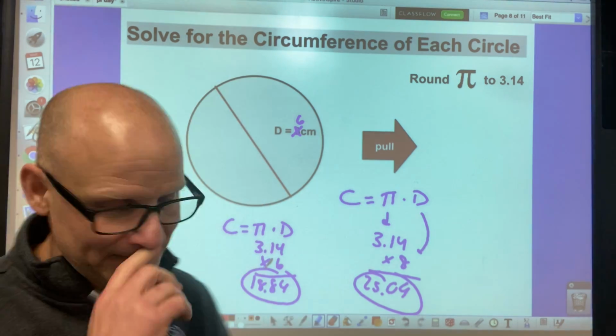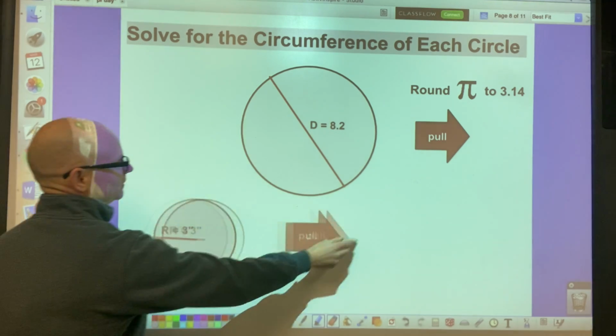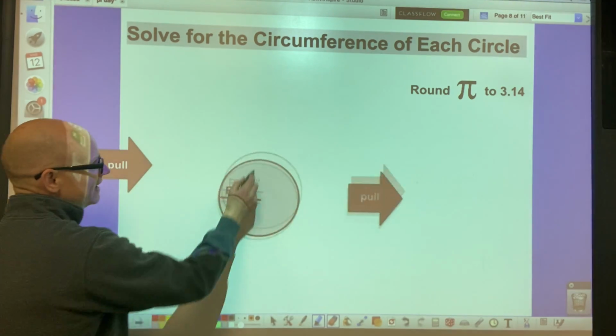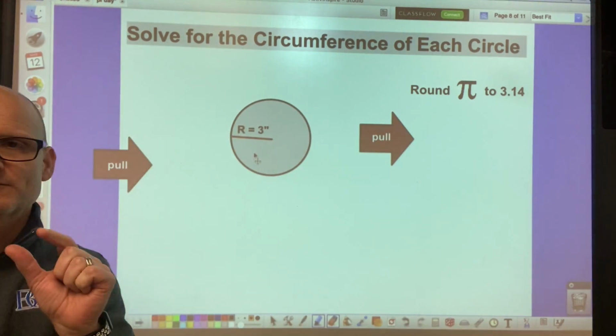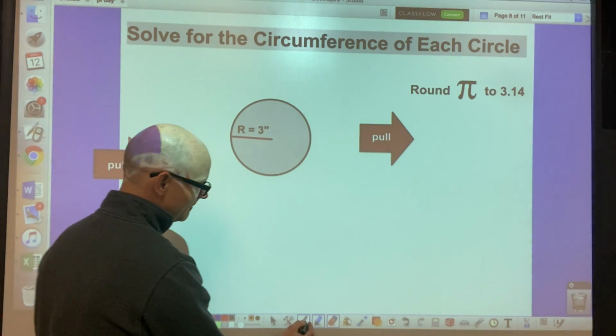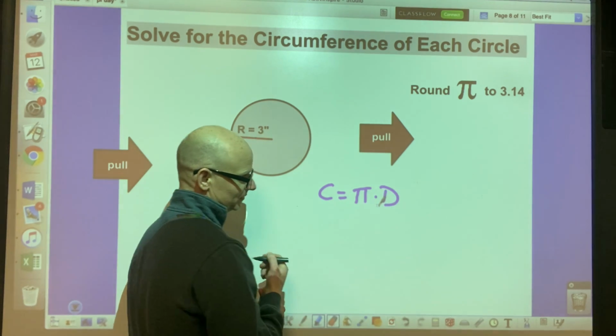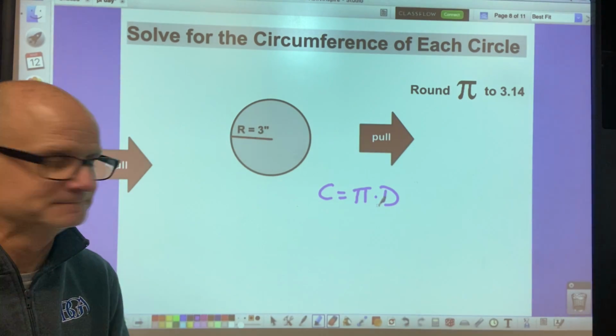Let's try another one. How about this one? This time it says the radius is 3. Press pause and solve this one. So remember, it's always circumference equals pi times diameter.